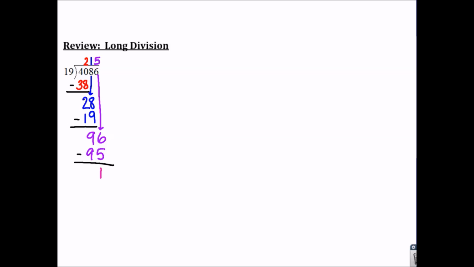Now, there are no more digits for me to bring down. So then I'm going to write this remainder as a fraction. So if I have 1 left over, that means I have 1/19 extra. So my final answer is going to be 215 and 1/19.